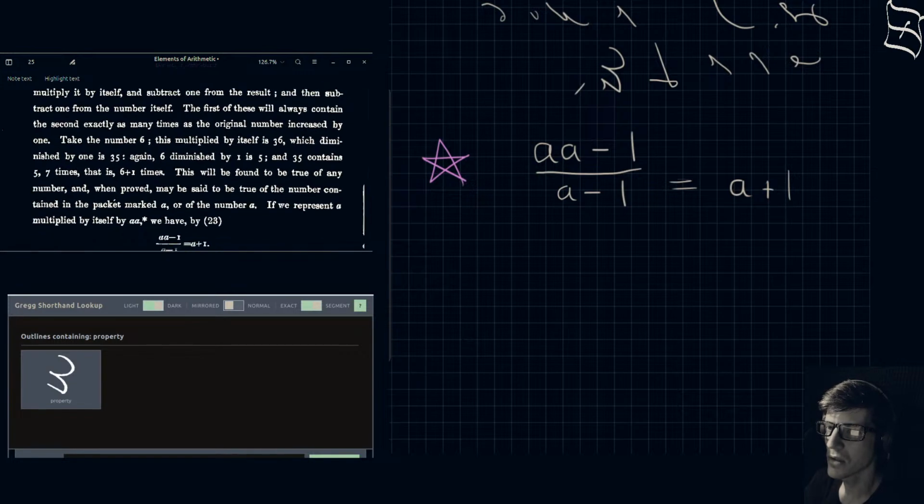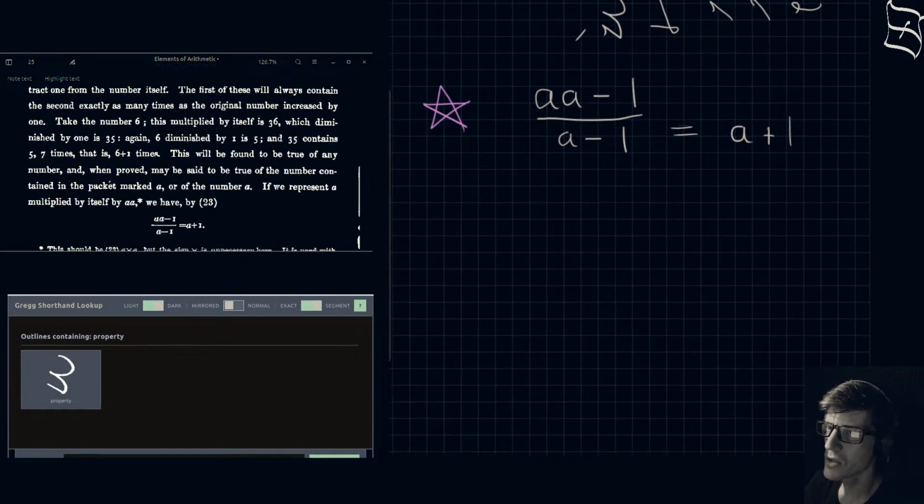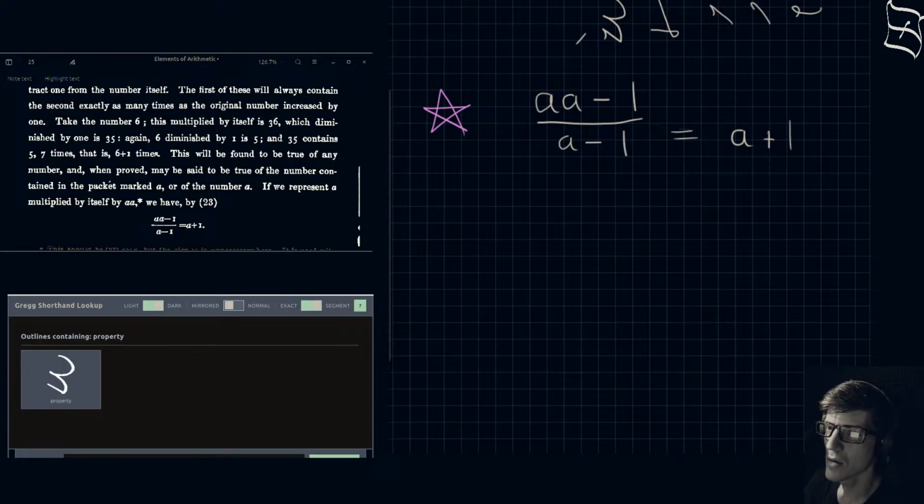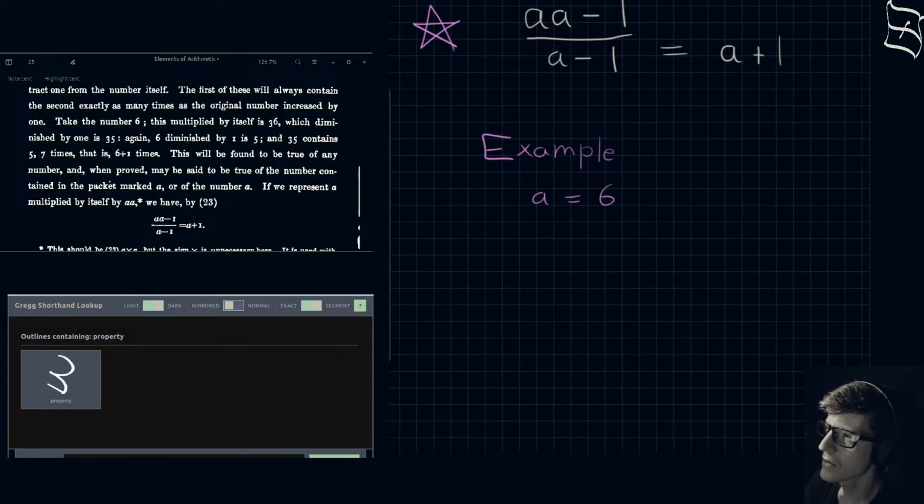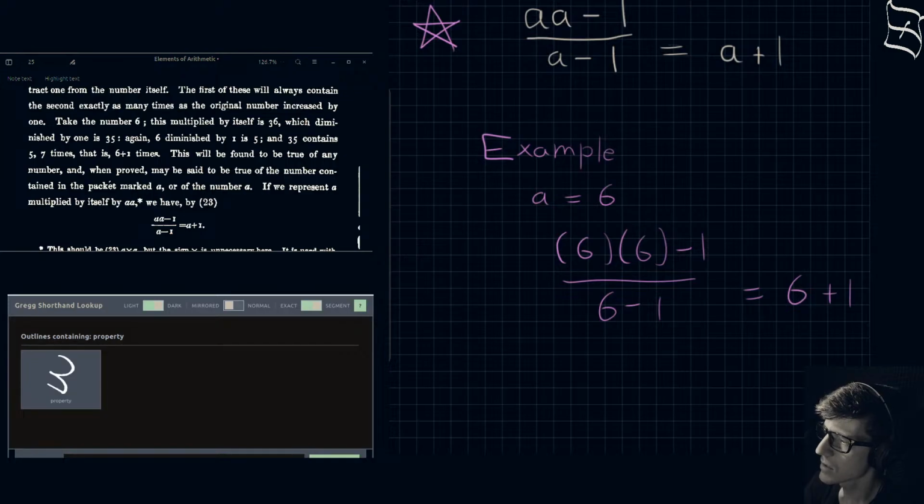So for example, let's try it with 6. Let's take the number 6. Multiplied by itself is 36. Here's an example. A is equal to 6. Then if we substitute any time we have a, we end up with 6 times 6 minus 1 all over 6 minus 1, and then 6 plus 1.